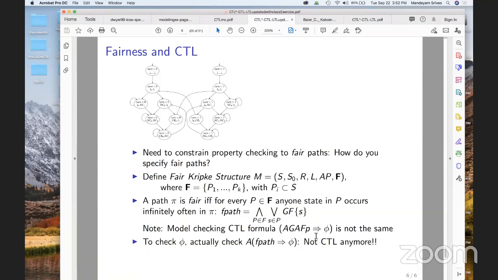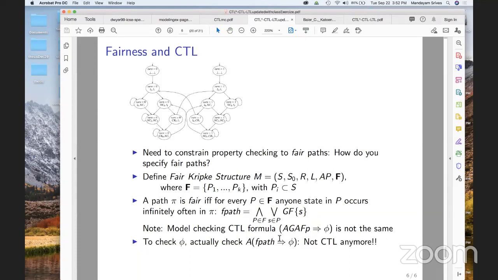That's why model checking this, even though you can express it, doesn't exactly correspond to restricting model checking only to fair paths anymore.